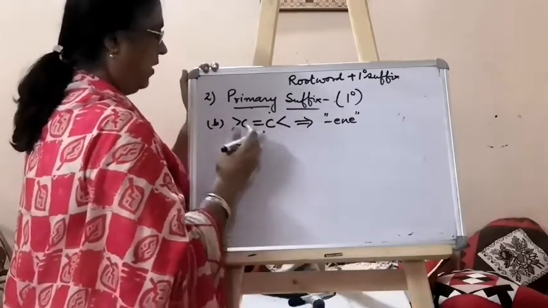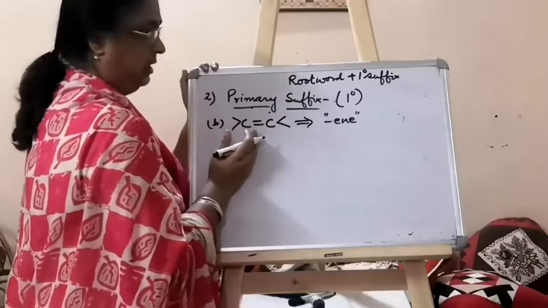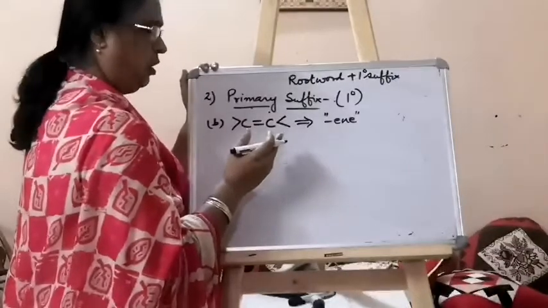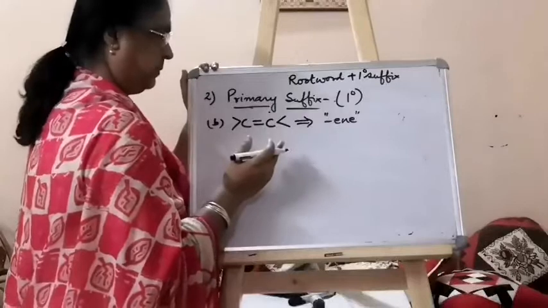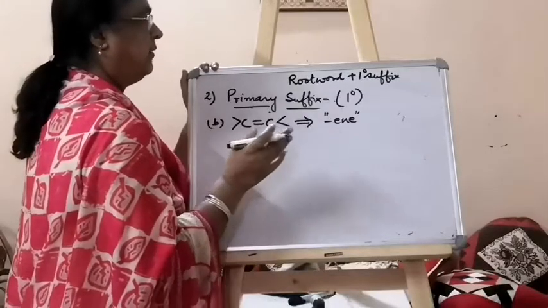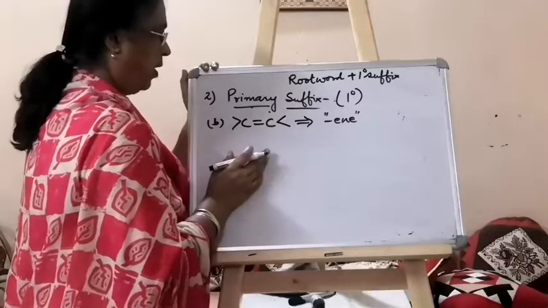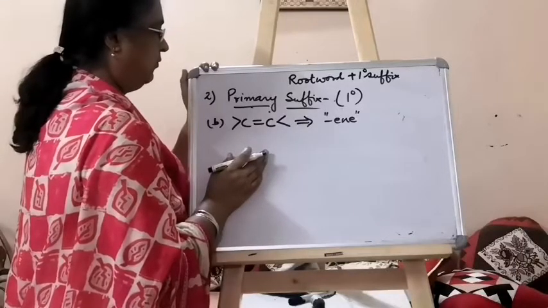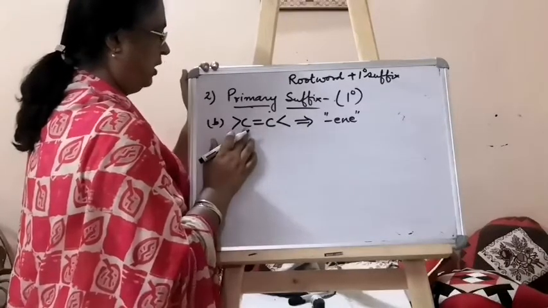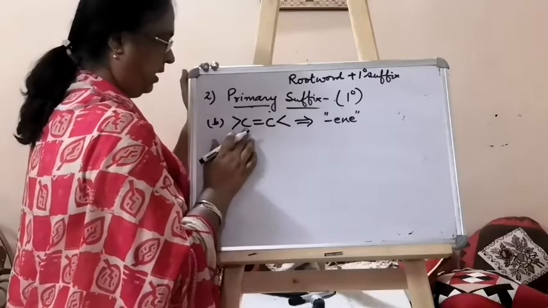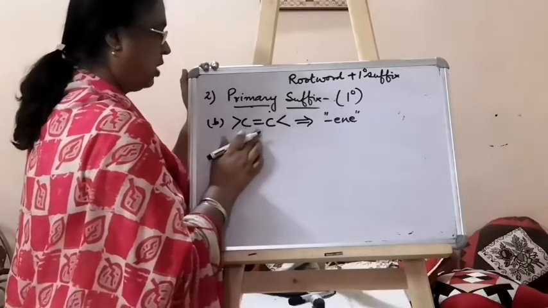So when we have a carbon-carbon double bond, then the primary suffix added is ene, you know that. One carbon ene is not in your course, although it is possible, but that has an entirely different structure and bonding. So here we will have to show a double bond between two carbon atoms, at least 2 carbons.